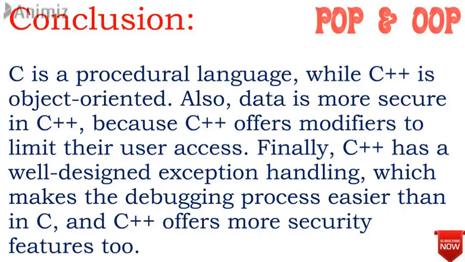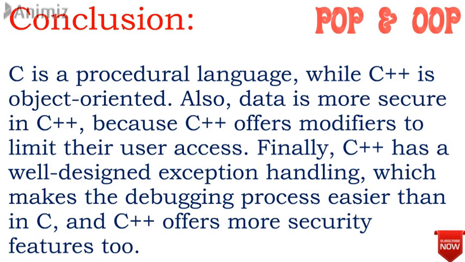Now let us look at the conclusion. C is a procedural programming language, while C++ is an object-oriented programming language. Also, data is more secure in C++ because C++ offers modifiers or access specifiers to limit users' access.